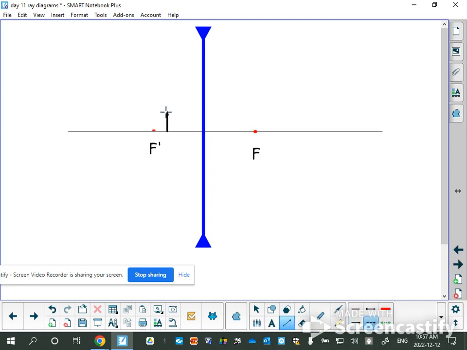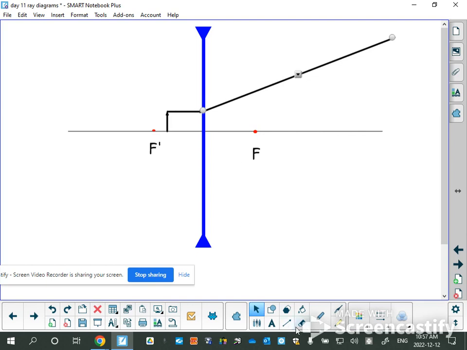So remember 3 rules for diverging, because I look at those tips, I see it's diverging. I'm going to go straight in, but with a solid line. Straight in. I've done that twice today. Then instead of going down, I'm going to go up. I'm going to line up with this part, right, with this secondary focal point.